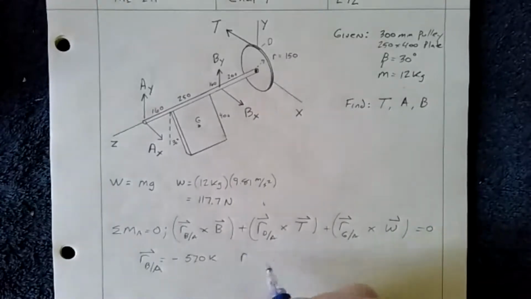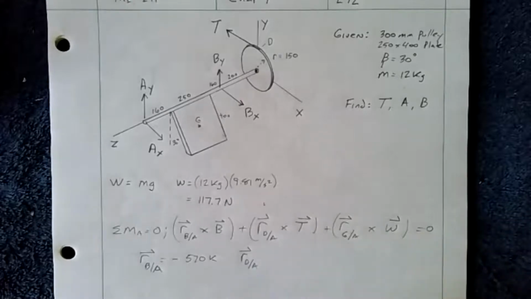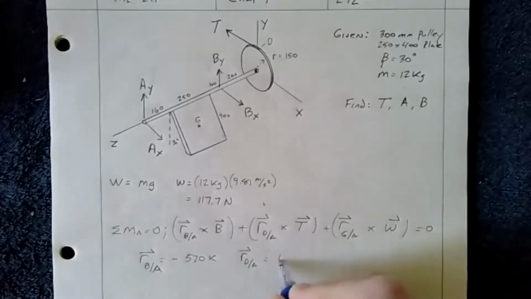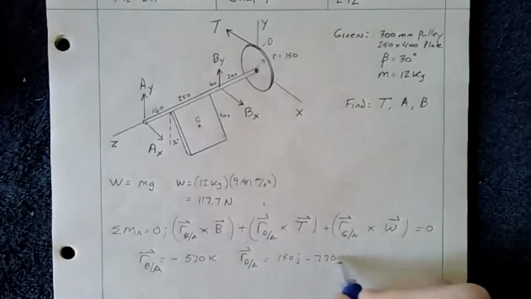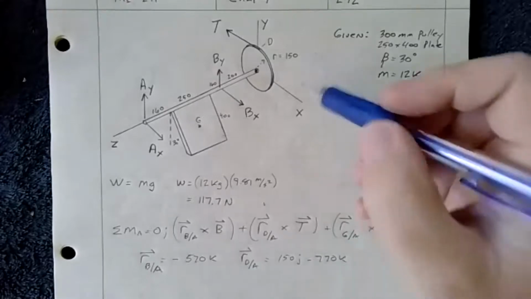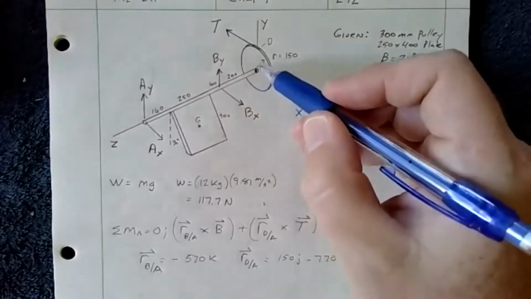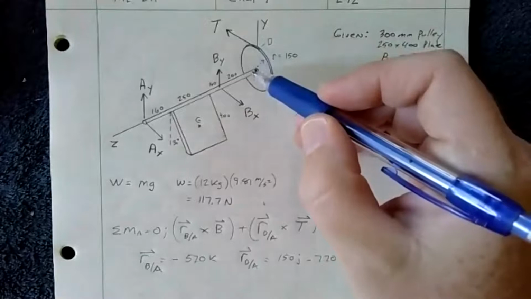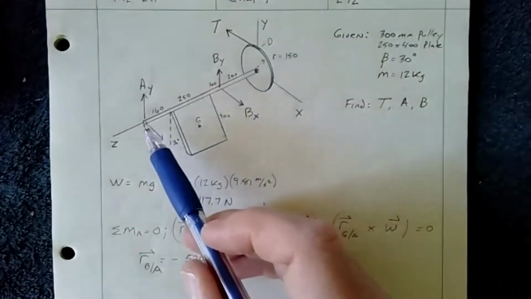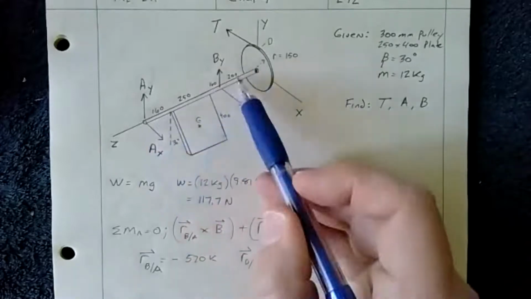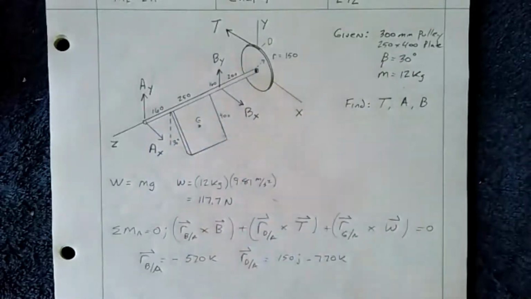If I do R, D relative to A, then that's going to be equal to 150J minus 770K. And so the 150, we know that we're going up in the Y 150 because that's the radius, and then going from A all the way back, if you add everything up, it gives us 770.